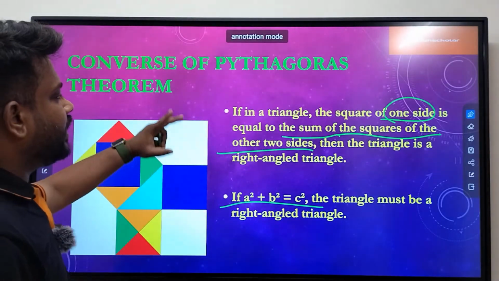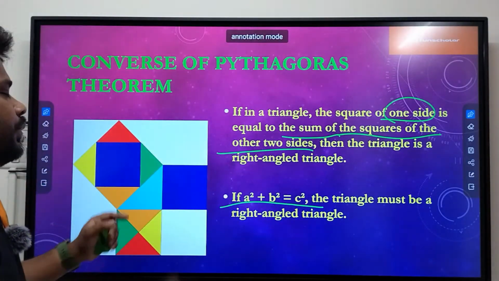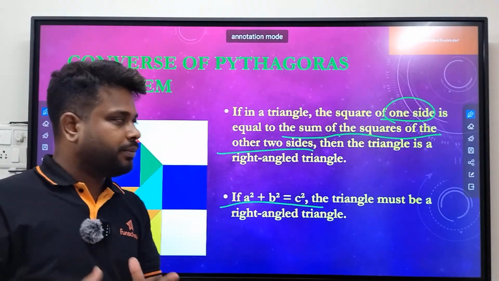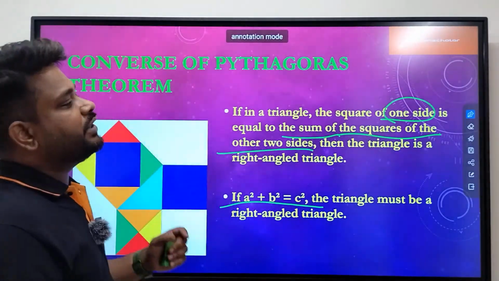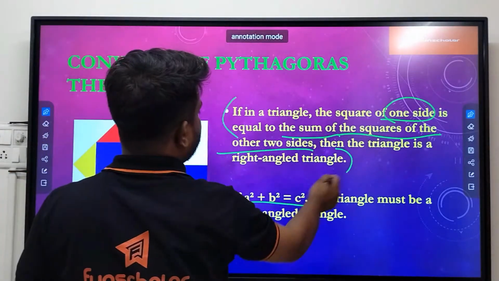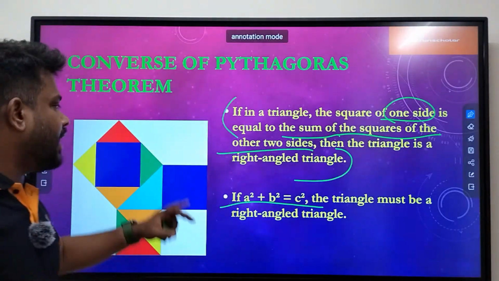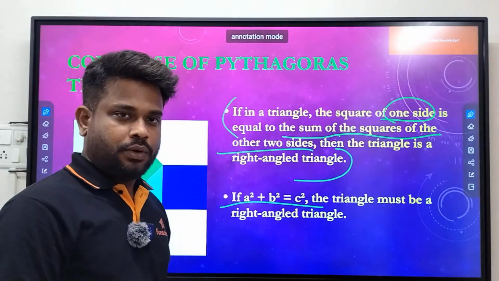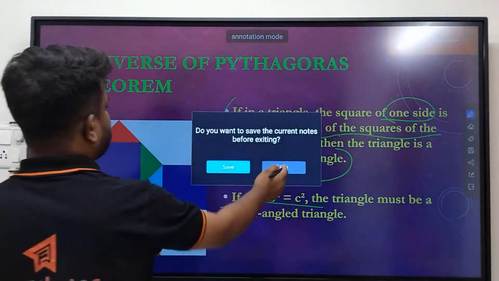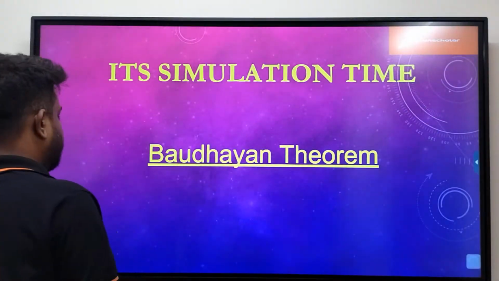So from this we can tell that a right angle triangle will follow the Pythagoras theorem, and a triangle which simply follows this point is the same as the Pythagoras theorem. Okay, so this is the converse of the Pythagoras theorem.